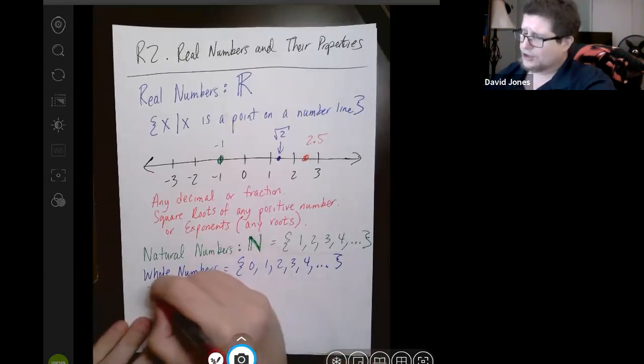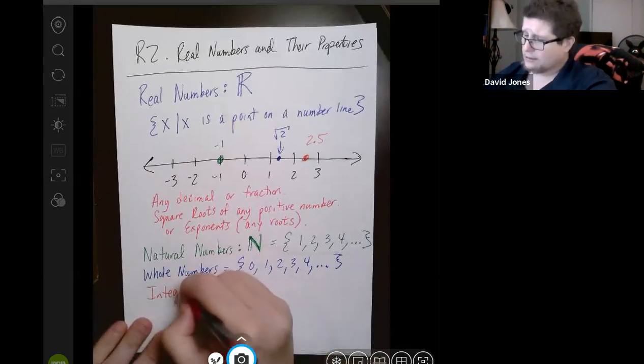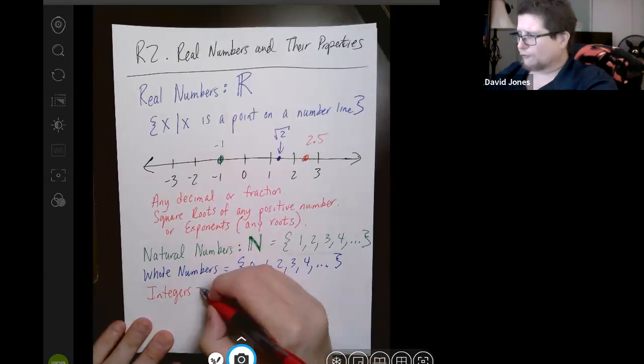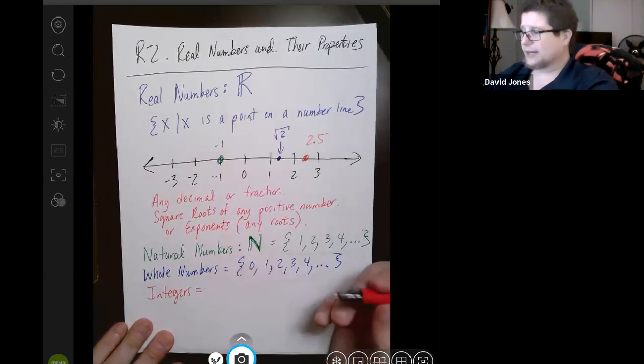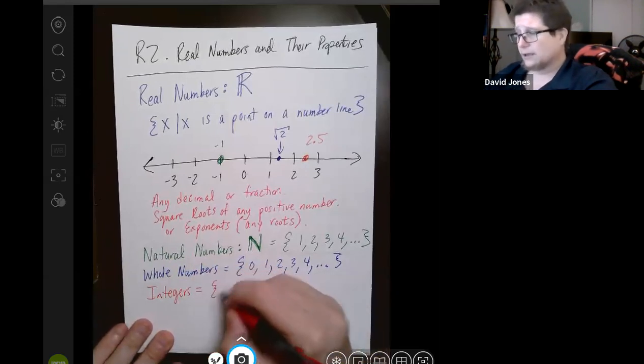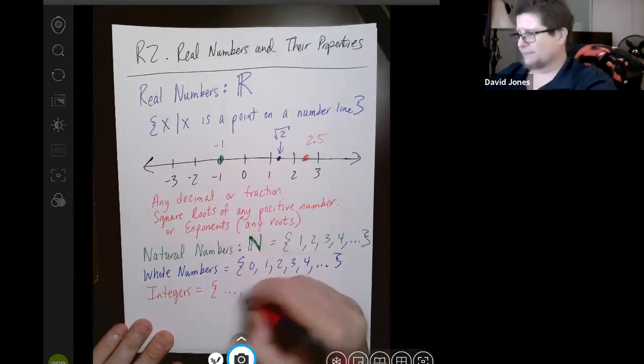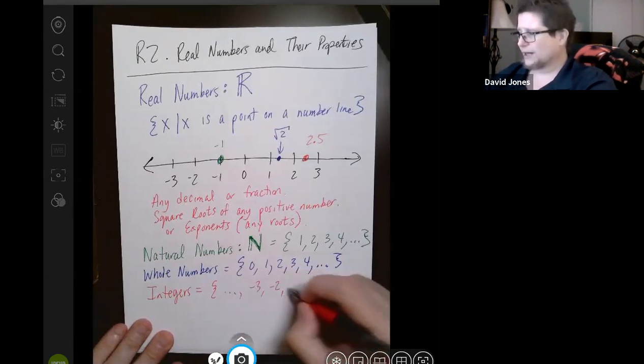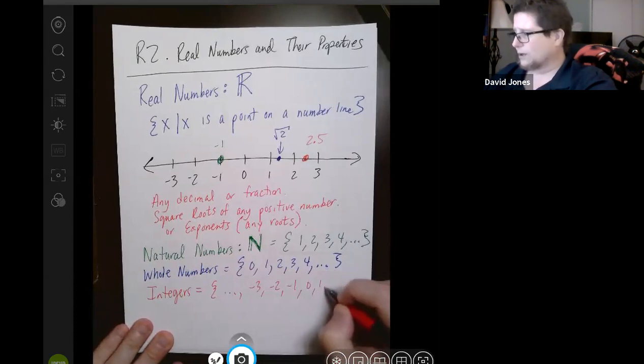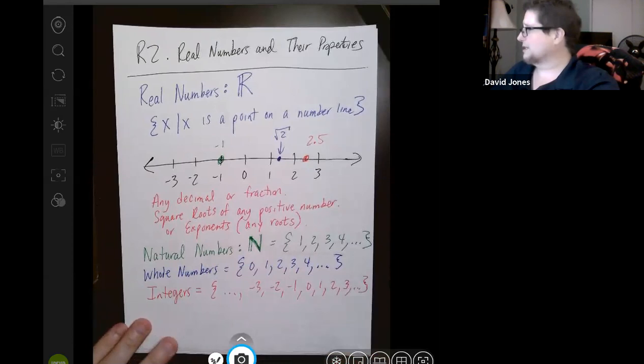We have integers. Integers, there are no fractions or decimals, but we can use negative numbers as well. So ..., -3, -2, -1, 0, 1, 2, 3, ... Keep going in either direction.